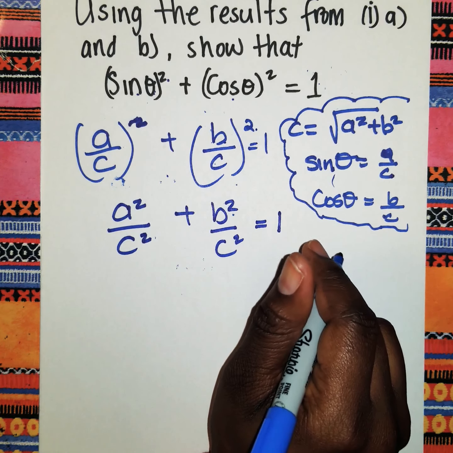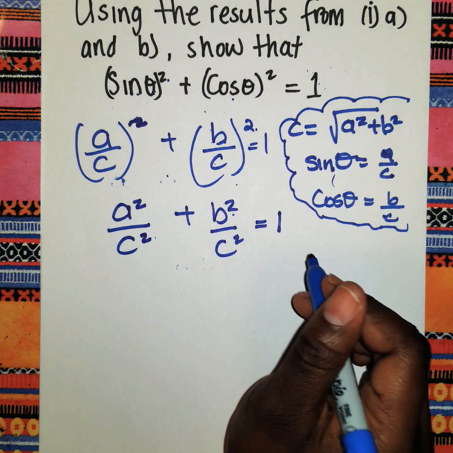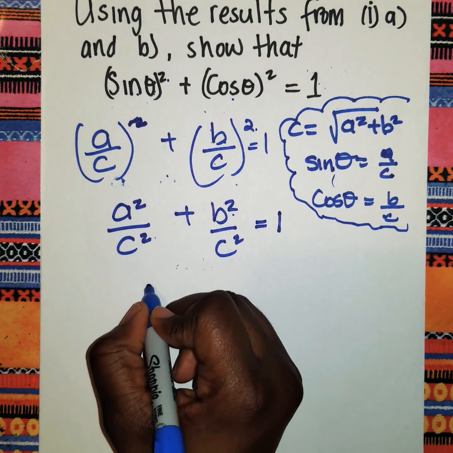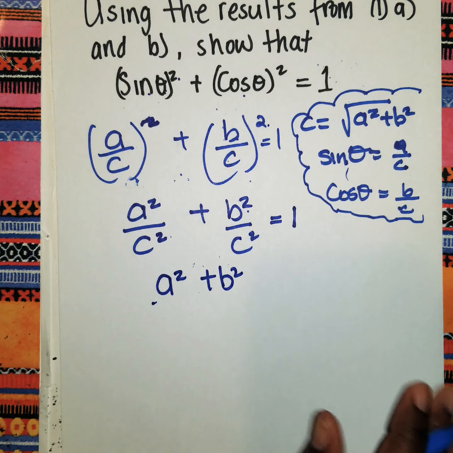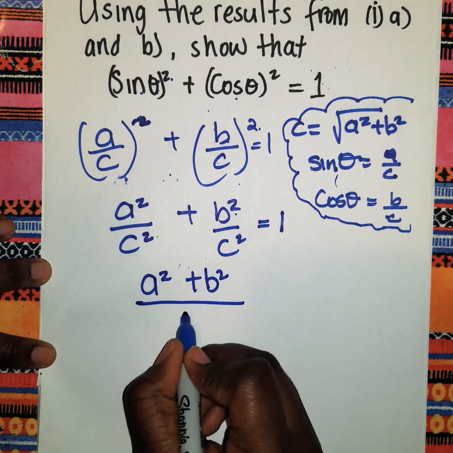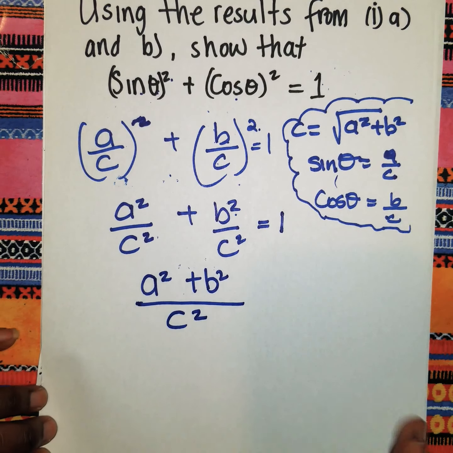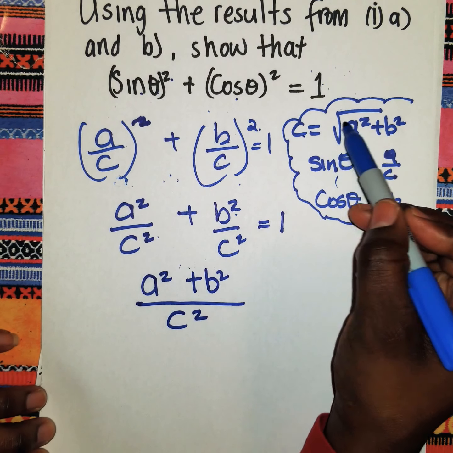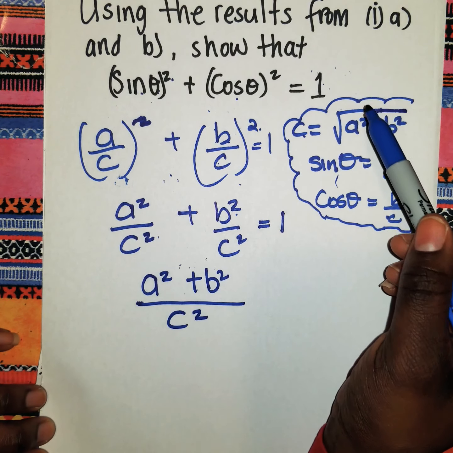For this part, guys, we can simplify it. Since they have the same denominator, we can go ahead and simplify. So it's going to be A squared plus B squared all over C squared. Okay, so having this, we now can recall that C is equal to, or you could even have the C squared from the previous one.